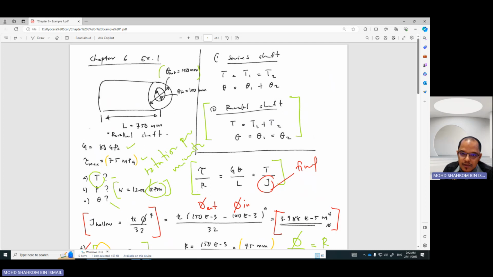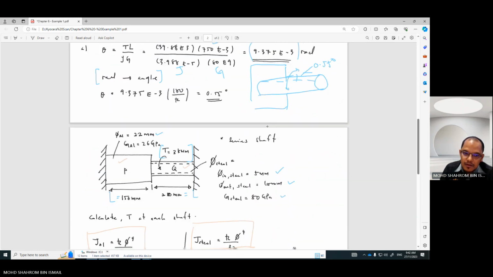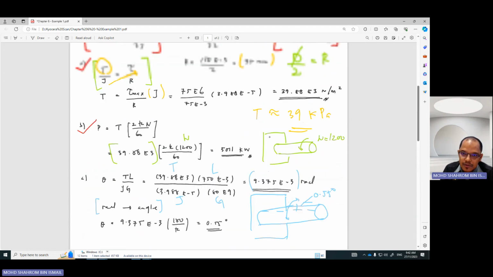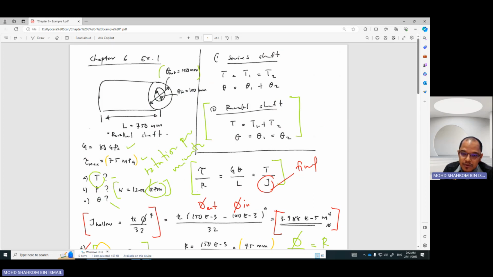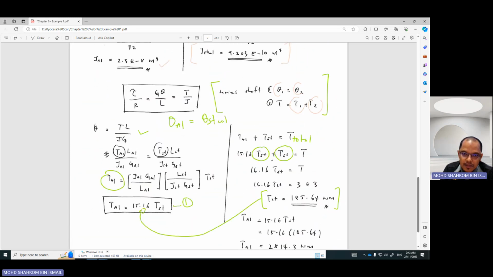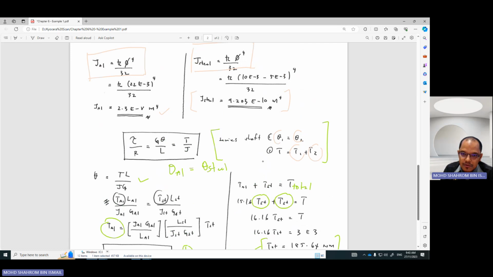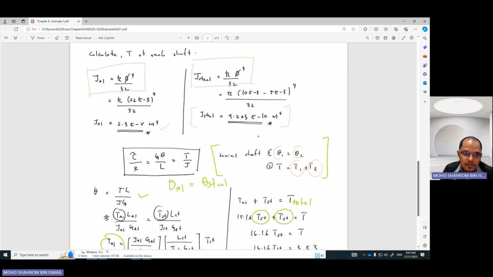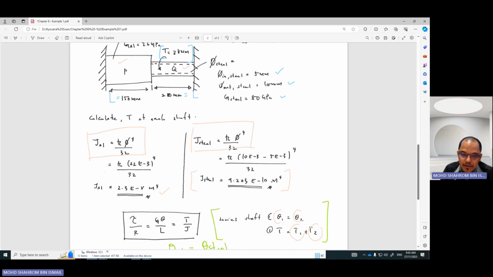In a parallel shaft, the torque is supposed to add on each other. I'm going to check back, but I believe this is the way to solve it. I'm going to explain it more during the face-to-face class after.